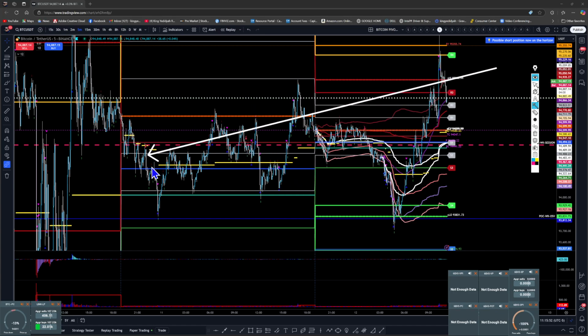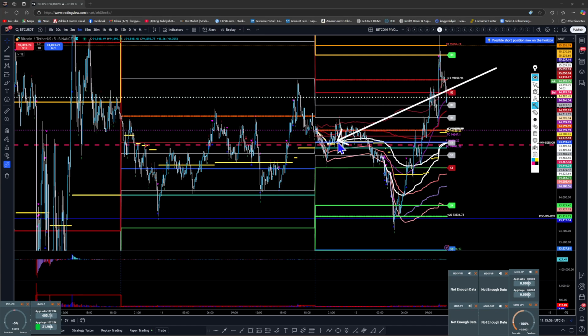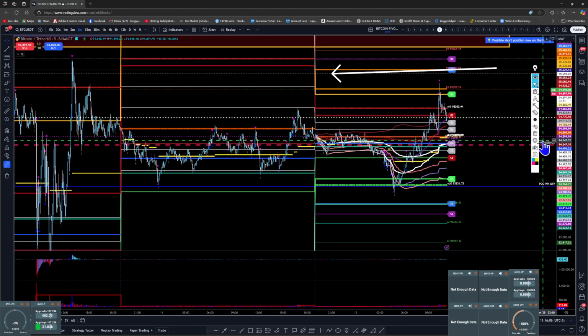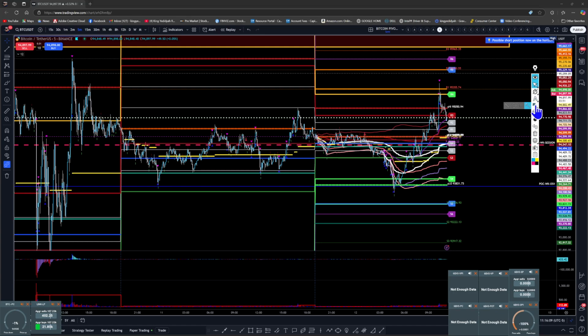So because of the range yesterday, we have a tightening of the central pivots, the Camarillas, right? So let me just bring this into focus. So this here was the prior day's Camarilla R3, and it has now moved down to this level right here, right?